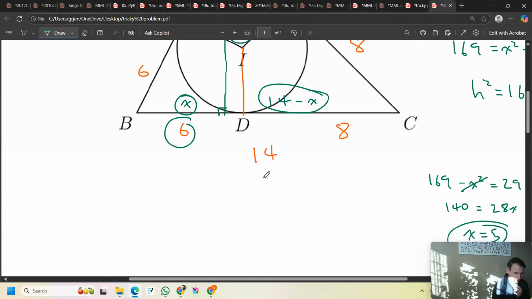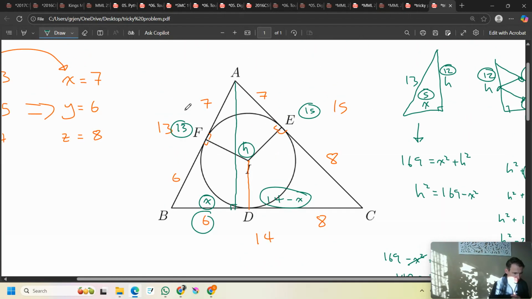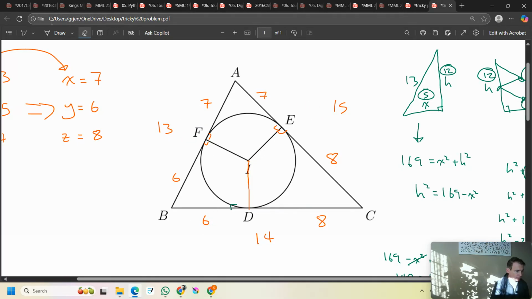So now we do need the area for this method. I'm just going to remove my green stuff here because we've used that. We now know that the height is 12. We keep that one.